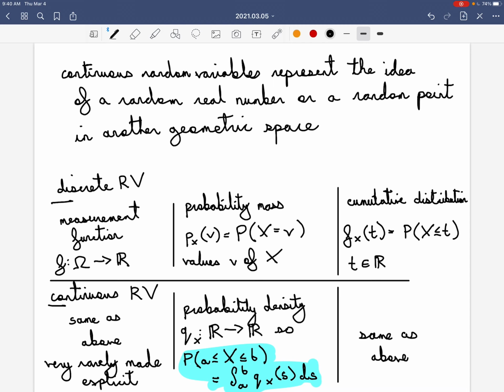So the message I want you to take from this introductory definition of continuous random variables, what's highlighted in teal, is that the most important way to think about a continuous random variable is this probability density function, q sub x, which tells you the probability of X being within an interval by integrating over that interval.